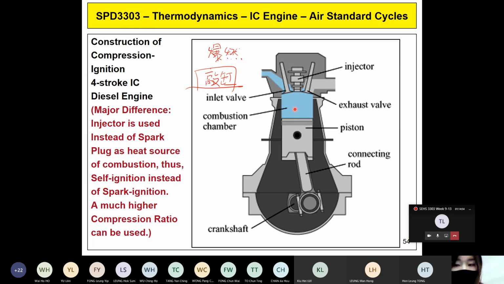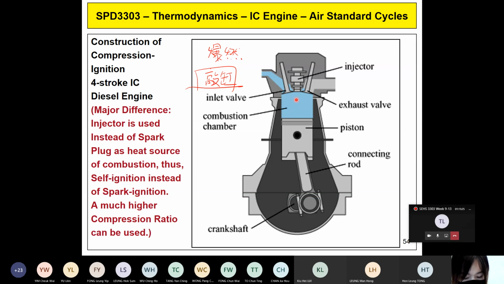The temperature can reach as much as 600 to 800 degrees C. Then, using this injector, we inject diesel into the cylinder, avoiding the knock phenomenon, the detonation.